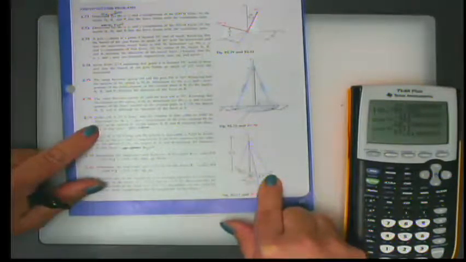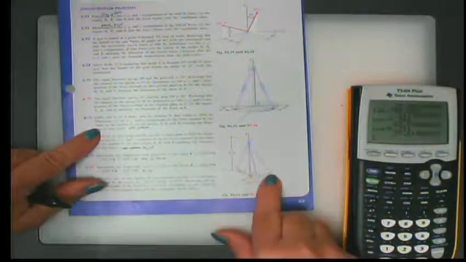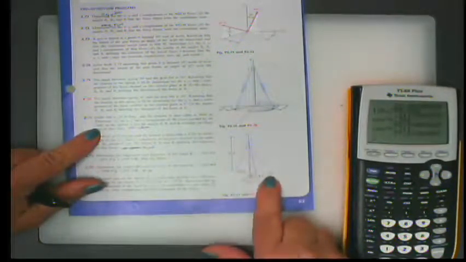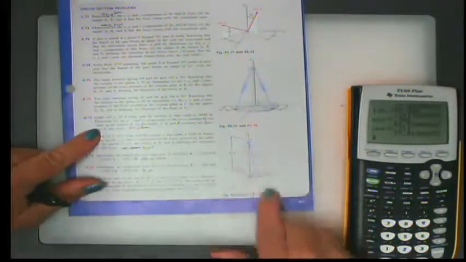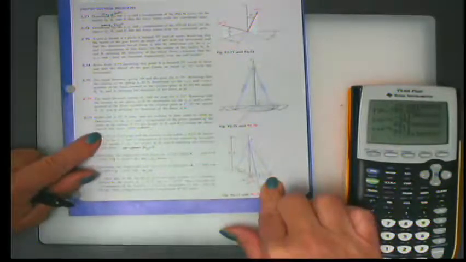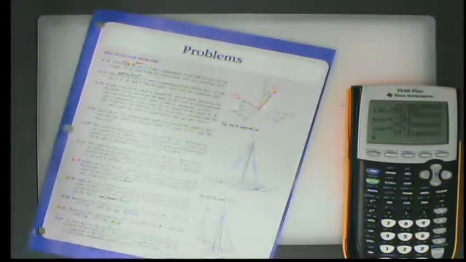So we want to determine the X, Y, and Z components of the force exerted by the cable on the anchor at B. In other words, the cable is pulling the anchor up, right? It's not pushing down on the anchor, it's pulling up. So the direction of my force is from B to A, and then I want to find the angles defining that direction. Theta x, theta y, theta z.